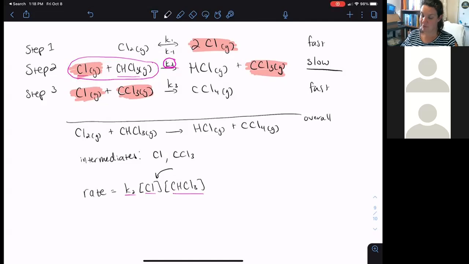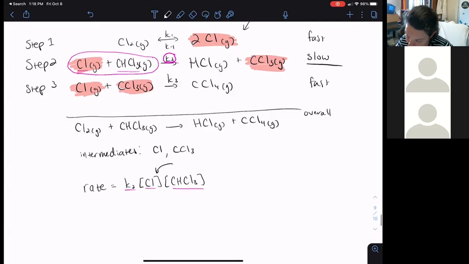Okay, so now, again, since our Cl is an intermediate, we need to look at where it is produced right here. And we see that it is an equilibrium, and it always will be. We're going to write the rate of the forward reaction of the equilibrium and the rate of the reverse reaction for the equilibrium.